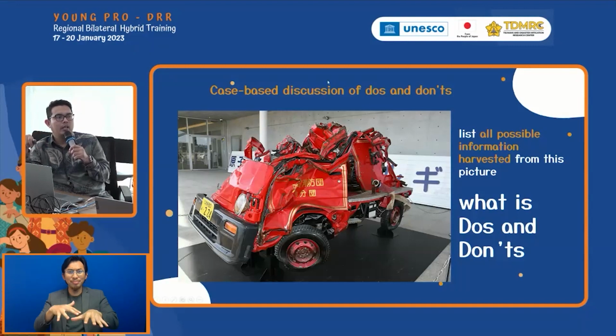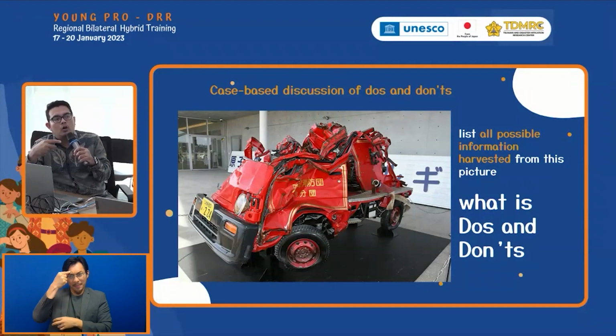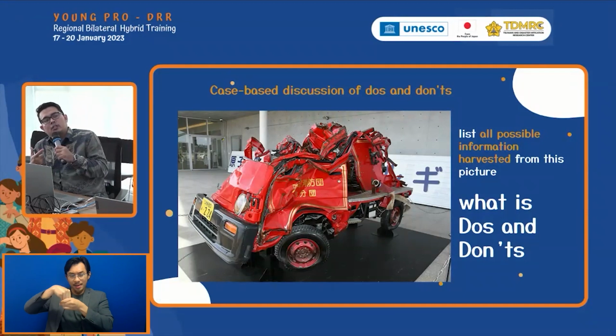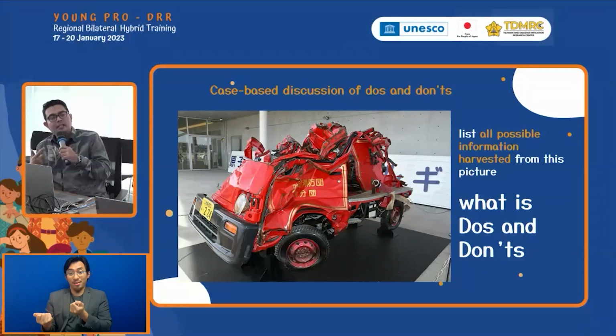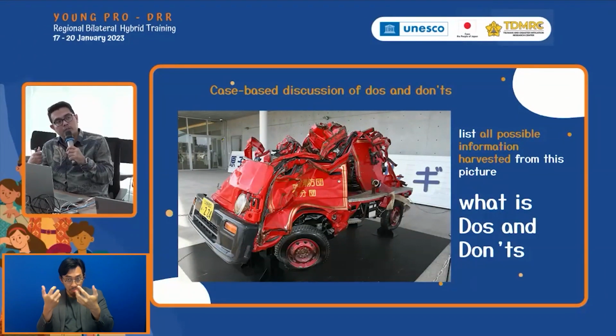So this is the figure of the fire truck that was heavily impacted by the tsunami wave. And if we see this, as Dr. Muzailin also showed the same figure, there are a couple of possibilities in the visitor's mind. They will think, oh, this truck or this fire engine probably got into an accident. That's one possibility.